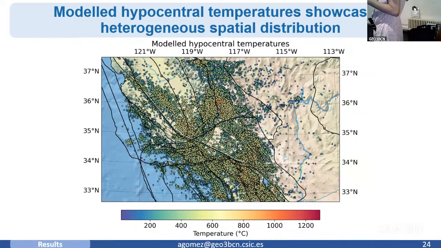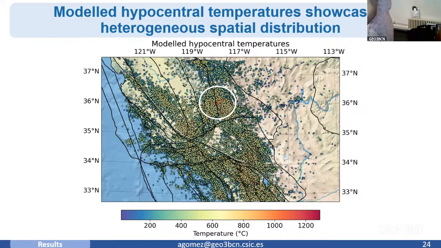So these hypocenters, yes, they still have some errors, but they are a high resolution data set. And here you can see that we have a broad spectrum of temperatures at which earthquakes are nucleating. Here, again, Southern Sierra Nevada and the transition to Walker Lane is the place where we get the hottest hypocenters.